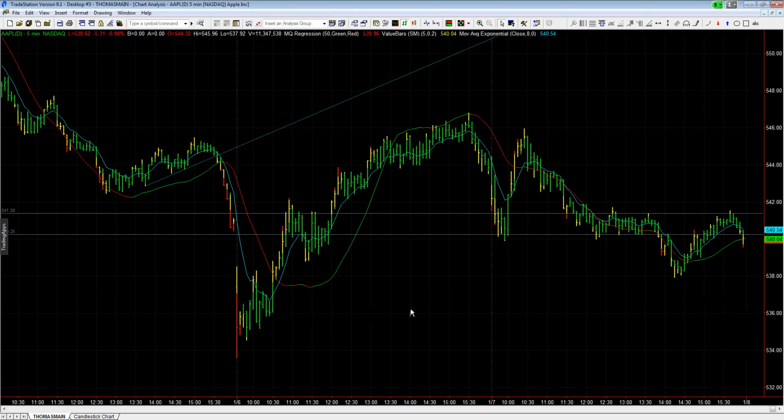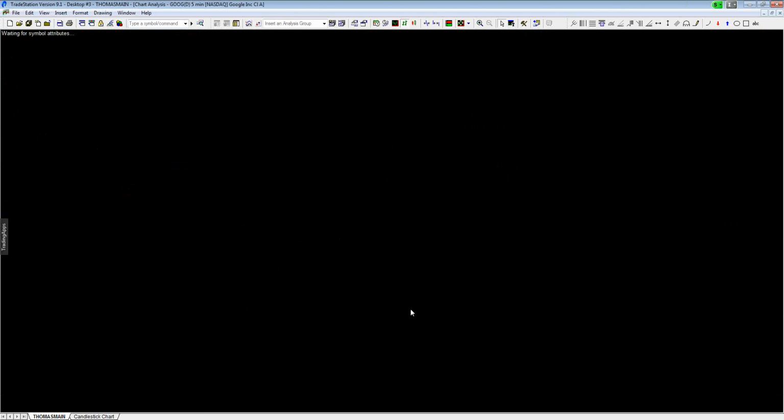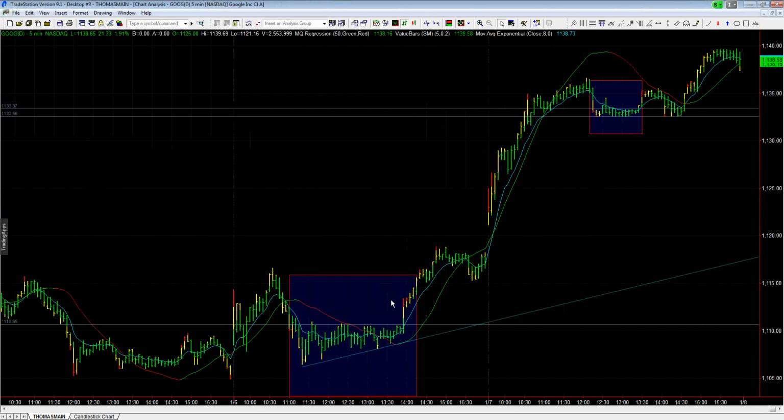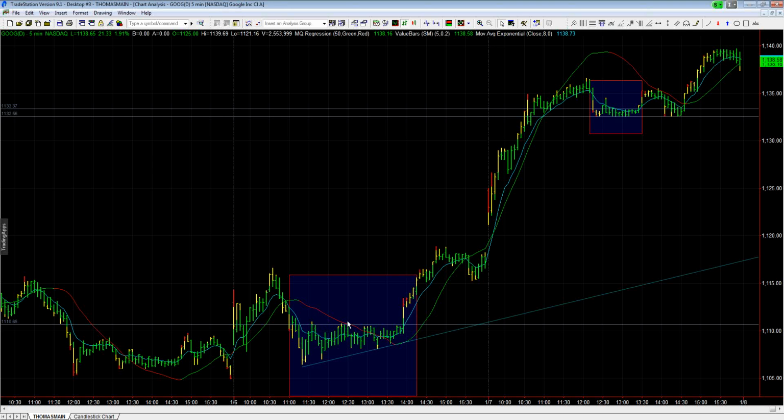Well, let's go ahead and take a look at Google. Again, you want to trade markets that are volatile so they move, and you don't want to be trading markets that aren't going anywhere, that have no volume or anything. Let's look at Google. You had a nice ascending wedge pattern here yesterday.